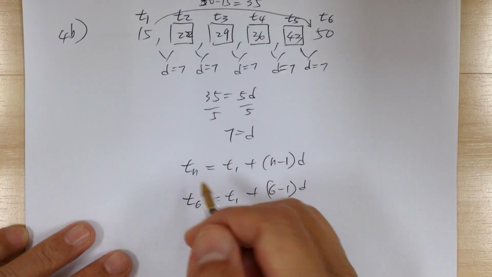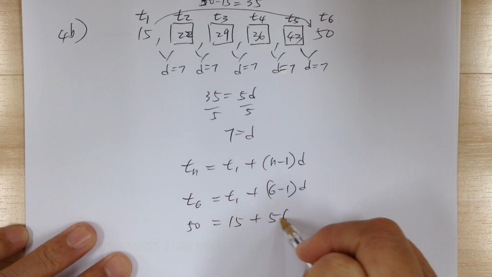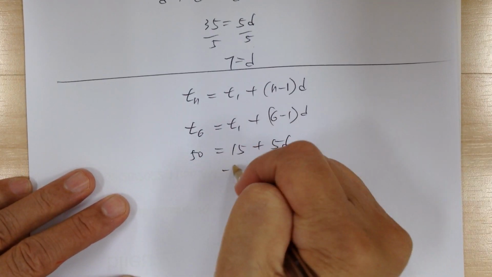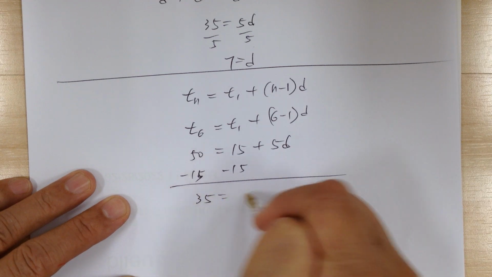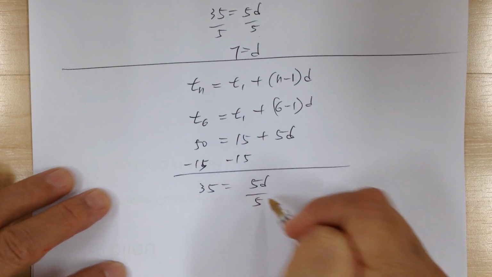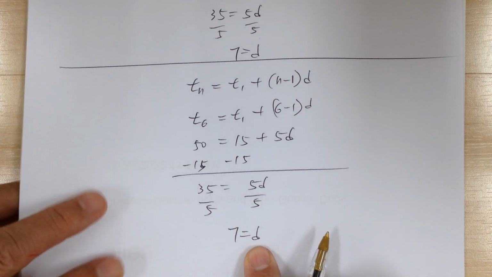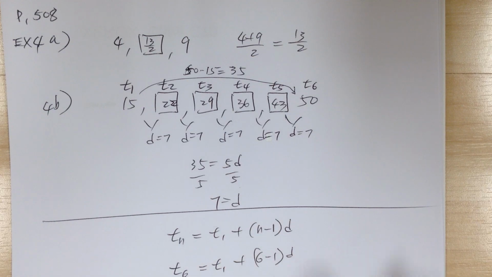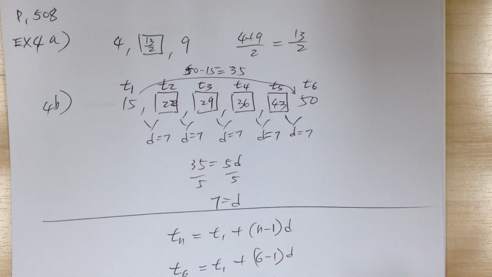And over here, T6 is 50, T1 is 15. So minus 15, minus 15. So you got 35 equals 5d. Divide by 5. So d equals 7. Once you find d, you can go back and do what we did earlier, right? So you can do either way. You can do it by formula, or you can do it by figuring out the pattern.